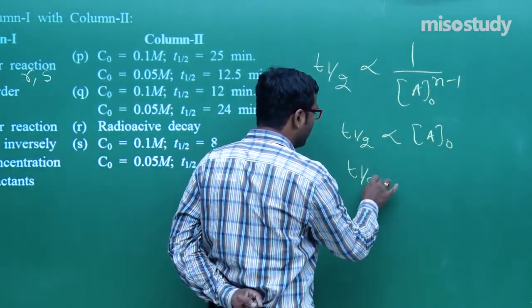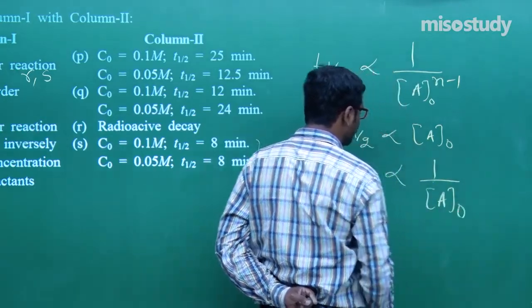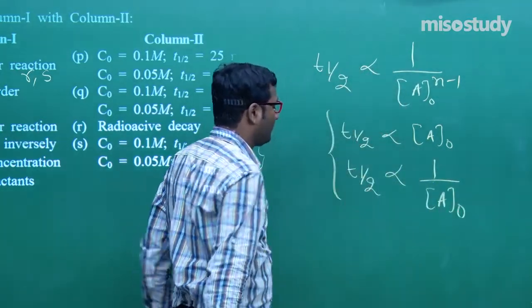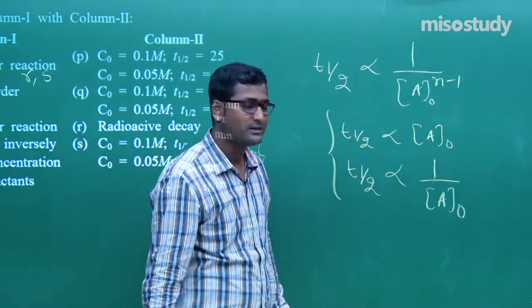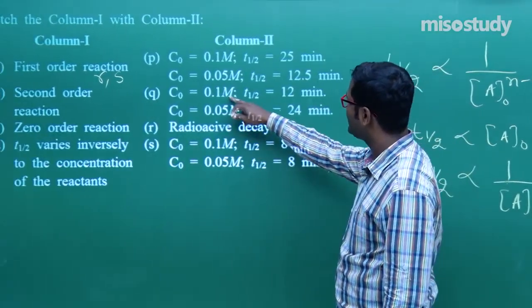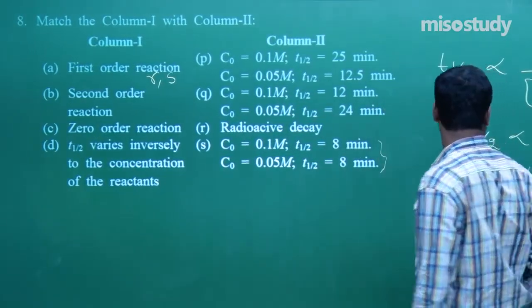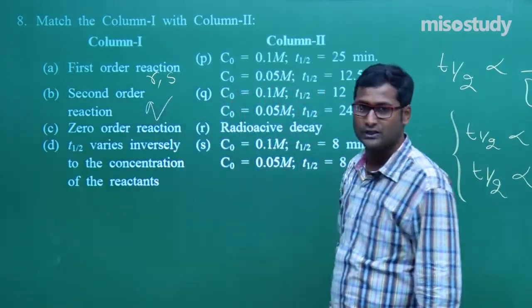For second order reaction, T half is inversely proportional to initial concentration, and for first order reaction, T half is independent of the initial concentration. So in this case, concentration decreases but T half increases, inversely proportional. So for second order, Q is correct.